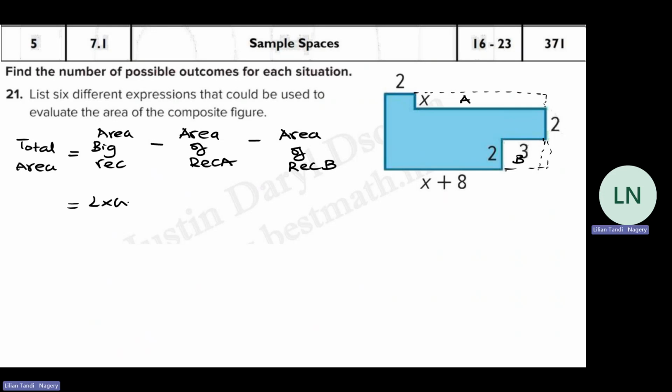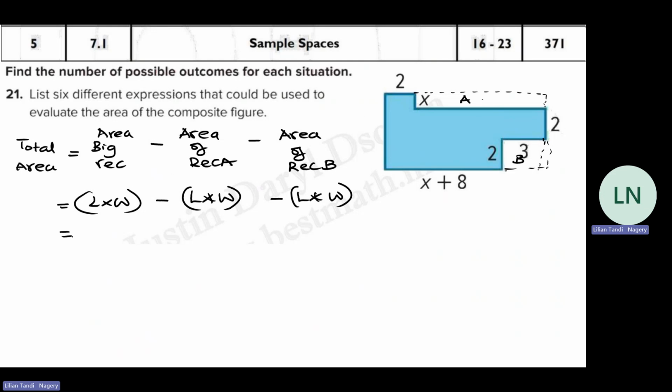So length times width minus length times width minus length times width. Okay? So I found this big rectangle and I removed the white parts.